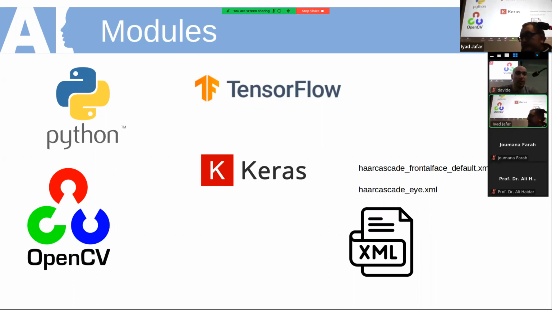On top of this, we also have two cascade classifiers in XML files that are used to detect where the face of the user is in the frame, and another one for the position of the eyes. That is what we need to train our neural network.